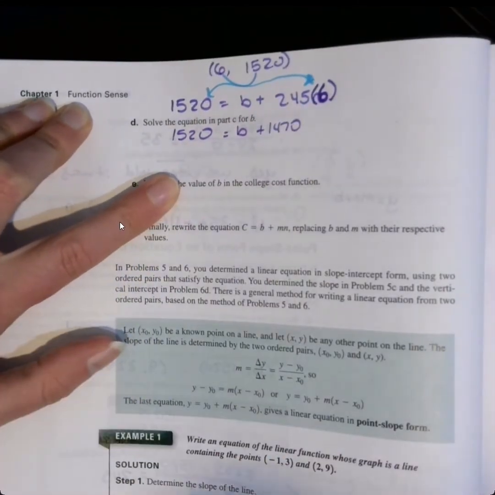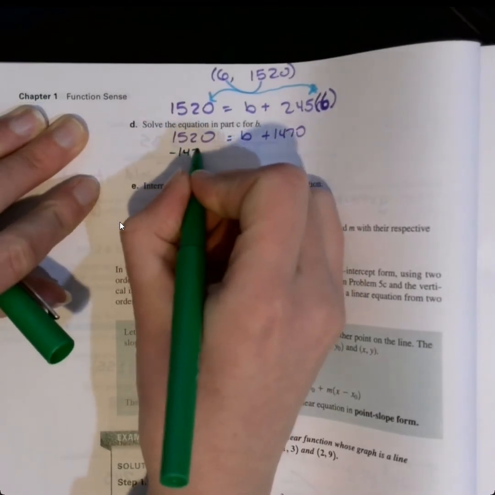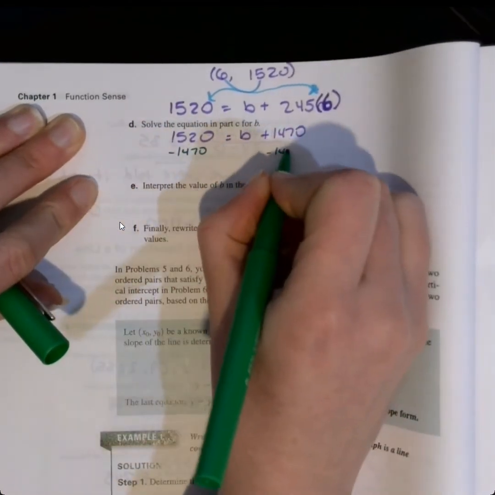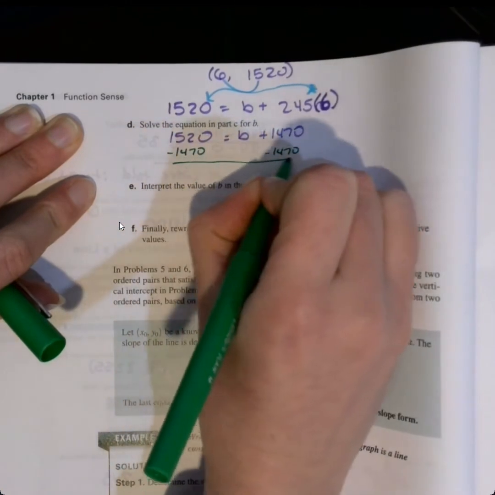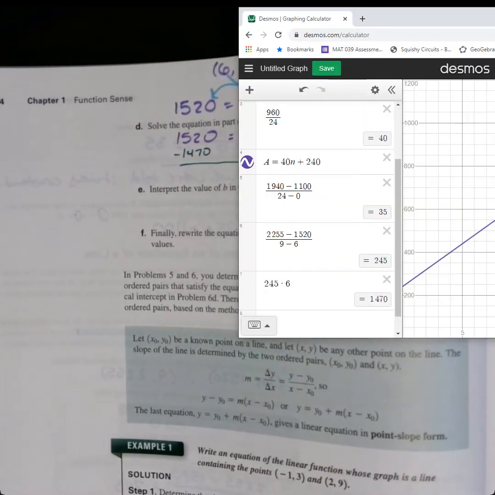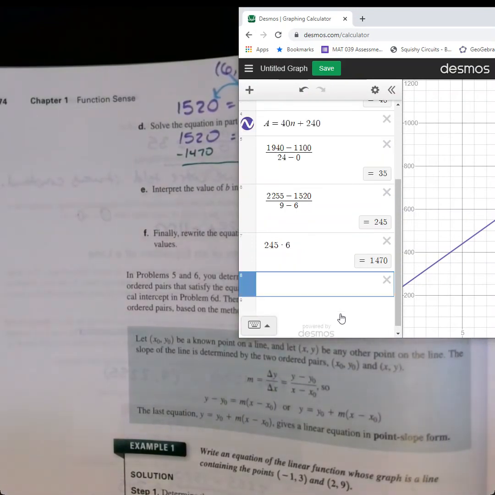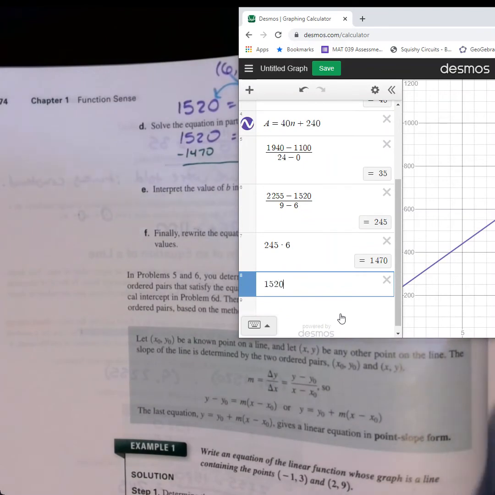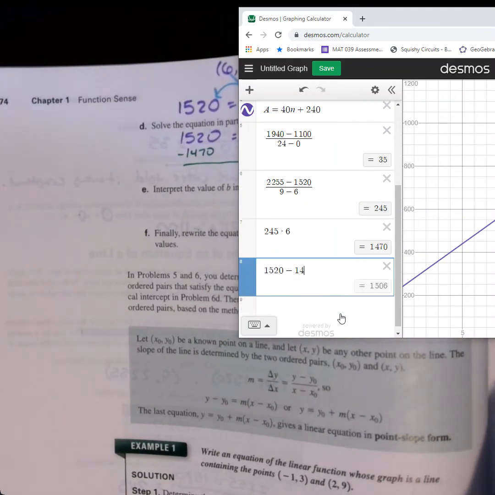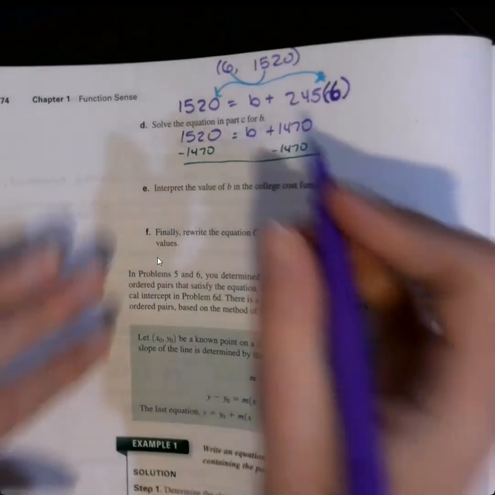And then to solve this for B, we're going to subtract 1470 from both sides. And that gives me 50. Okay. So our B value is going to be 50.